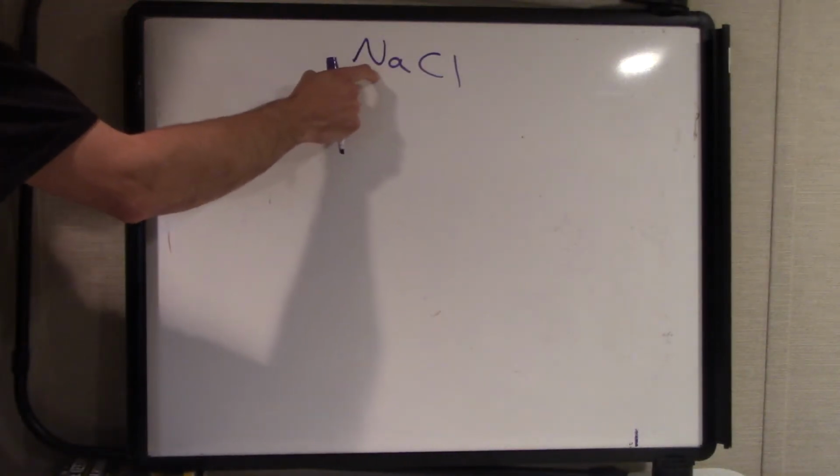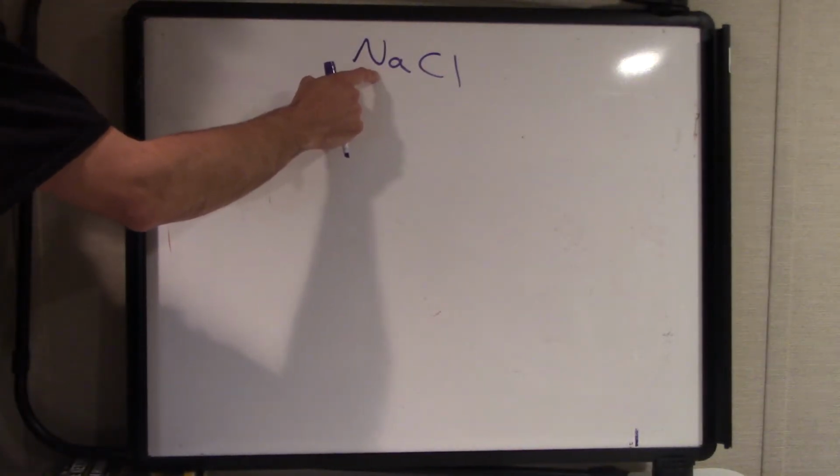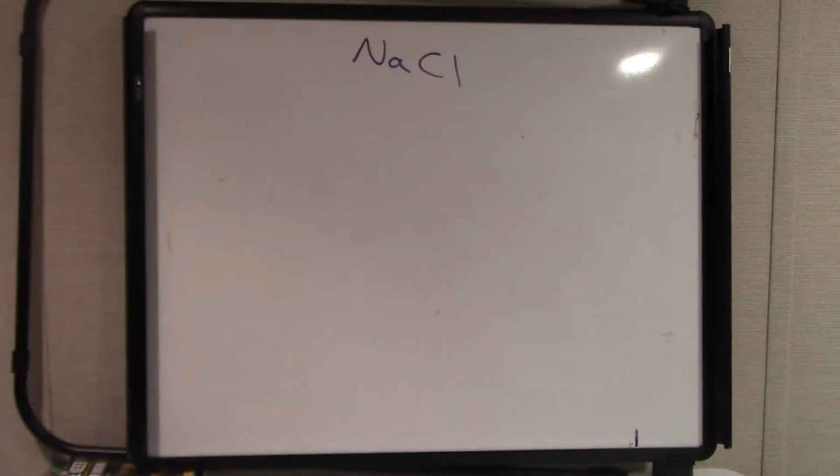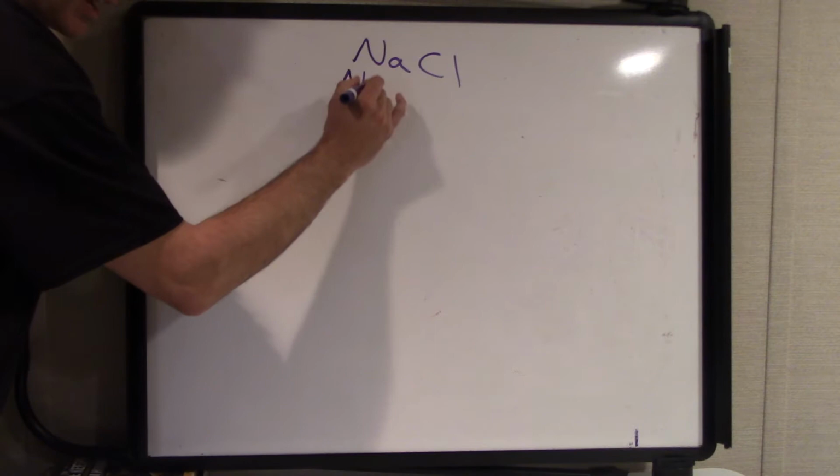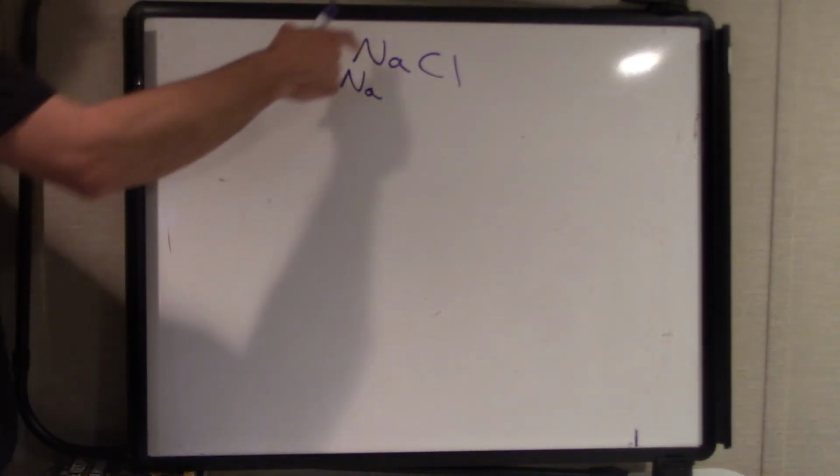So for this one, first we want to recognize that we're dealing with an ionic compound. How can we tell? Metal. Sodium's a metal when you look at its position on the periodic table, and chlorine's a non-metal. So we're dealing with an ionic compound. What I strongly suggest is that whenever you're dealing with an ionic compound, you take the time and write out what ions you're dealing with.